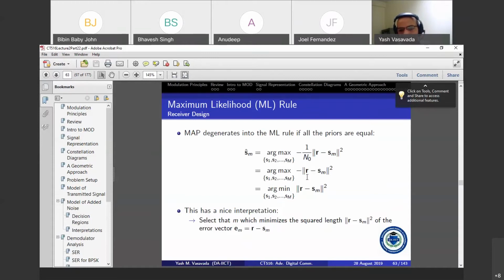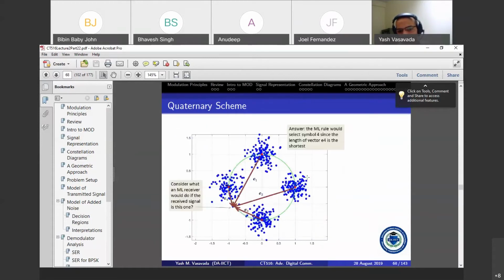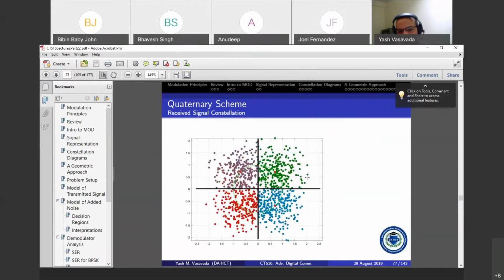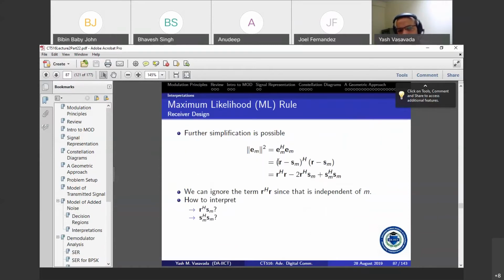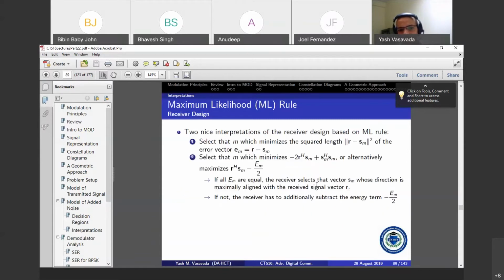And then this we further simplified, I think. I don't know if I did this in this set of slides or later on. Well, yeah, it's here only. We said that the error vector can be further simplified to this form, where at least we can get rid of R Hermitian R because it has no dependence on M. And so finally, we are ending with maximizing the dot product of R with S of M, and then removing half of the energy of the transmitted symbol.